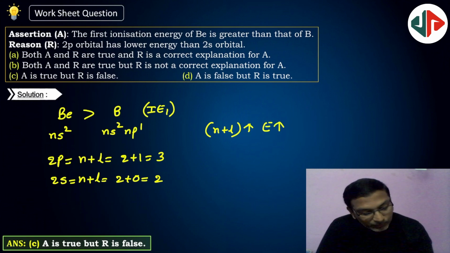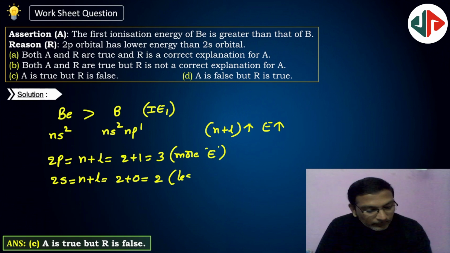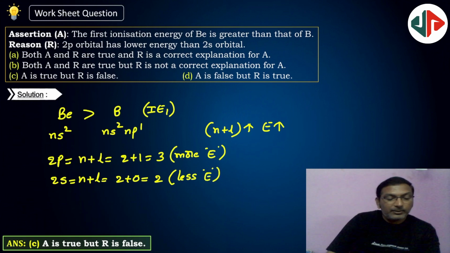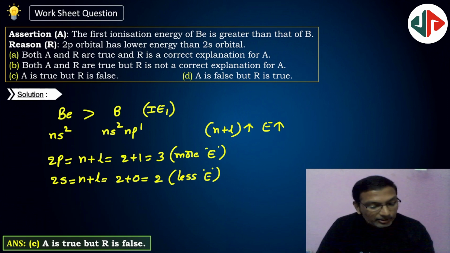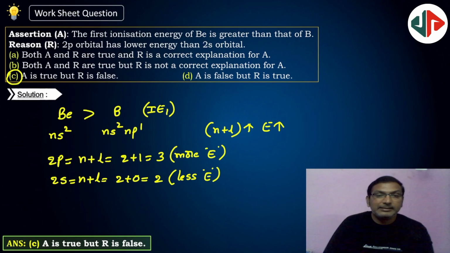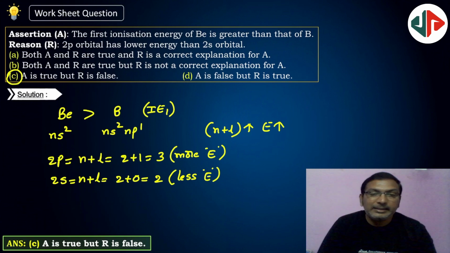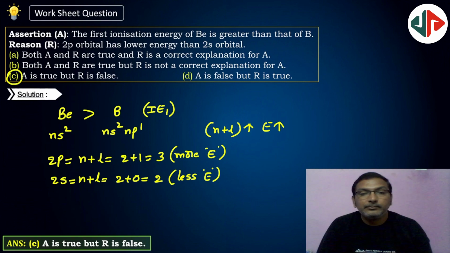So energy is more for 2p, less energy for 2s. So therefore, reason wrong. Option C, A is true, R is false. Assertion true, reason false. Next one.